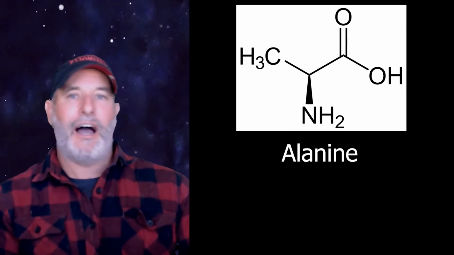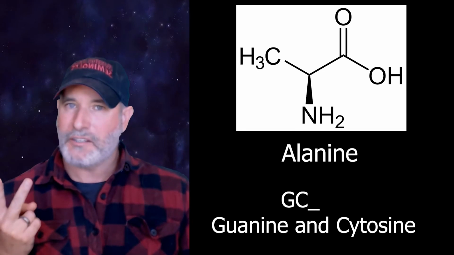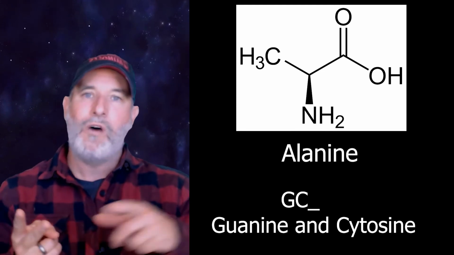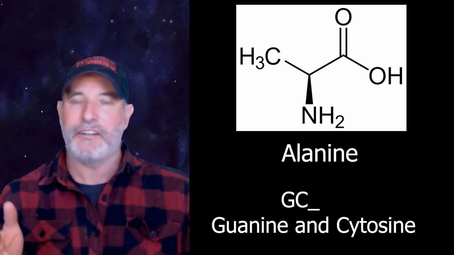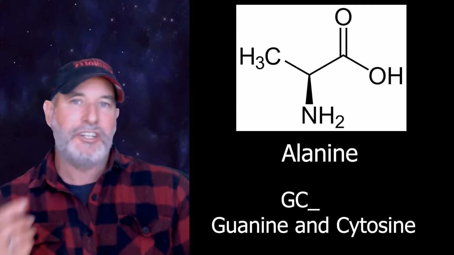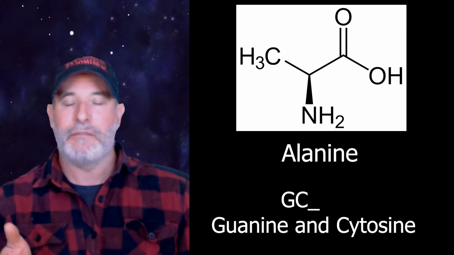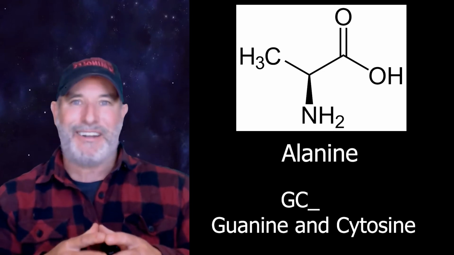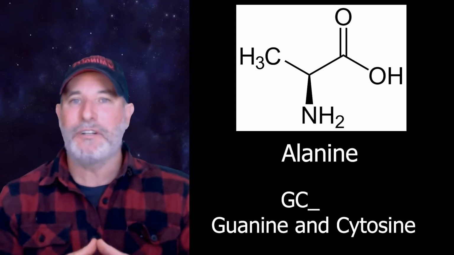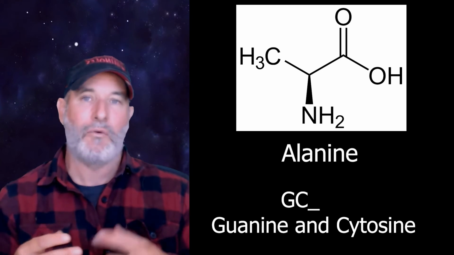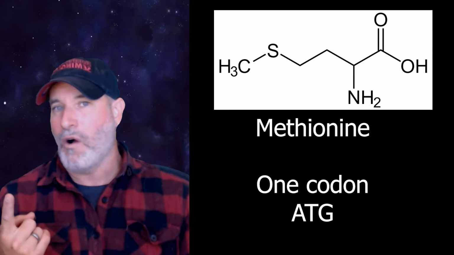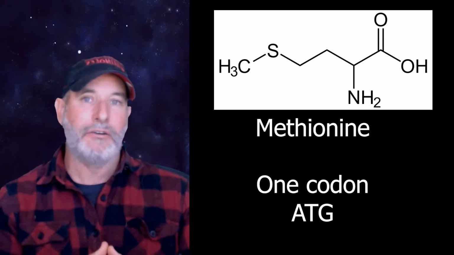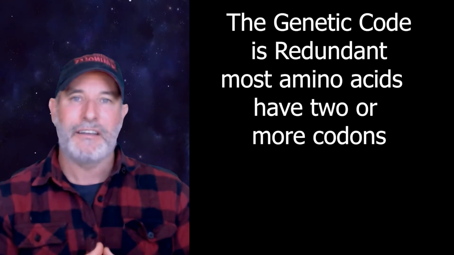As long as you've got guanine and cytosine, no matter what that third position is, it could be uracil, adenine, thymine, cytosine, it doesn't matter. As long as you've got GC, you'll get the amino acid alanine. That is redundancy. That means there are 4 codons for that one amino acid.